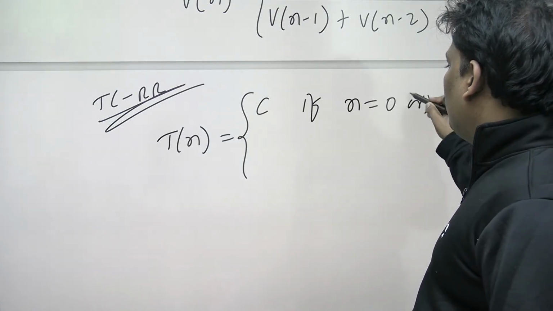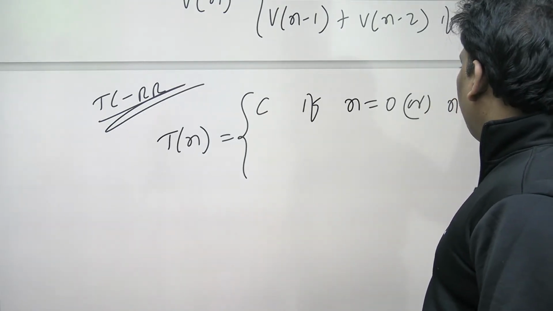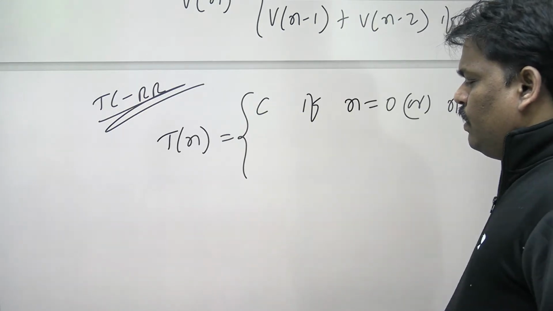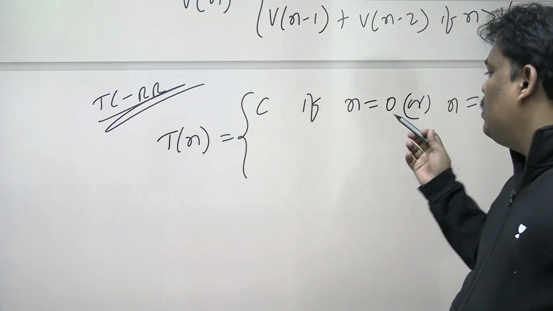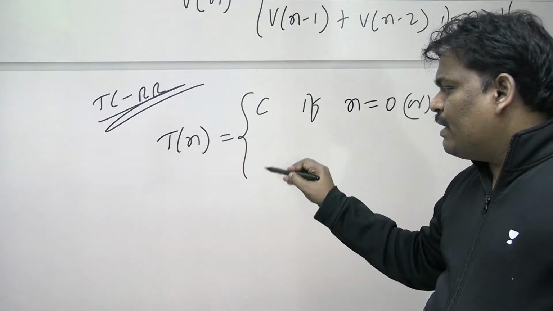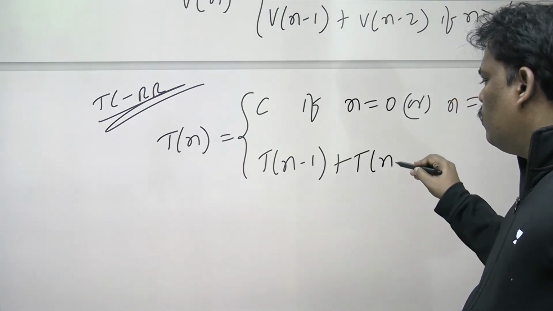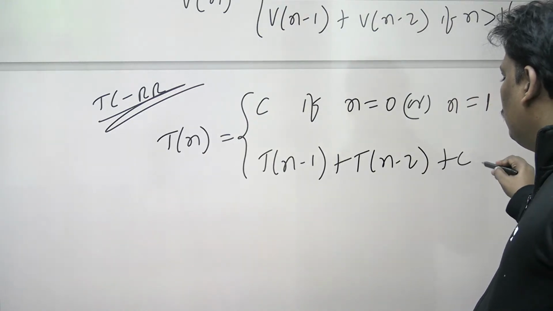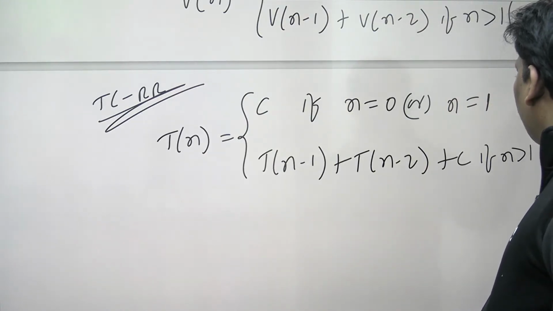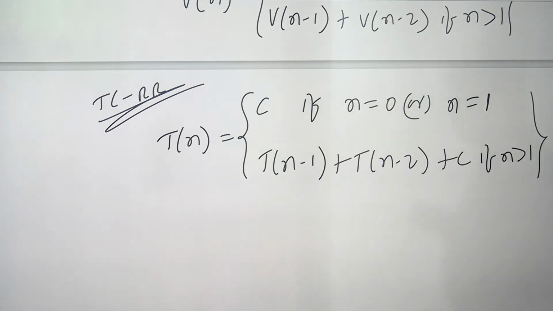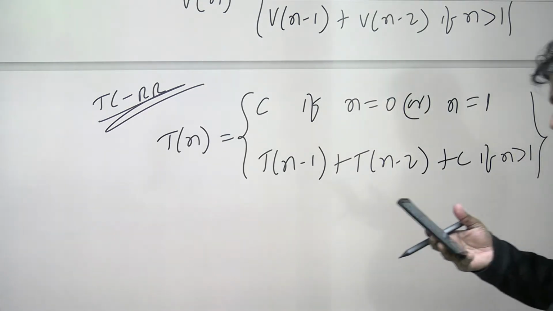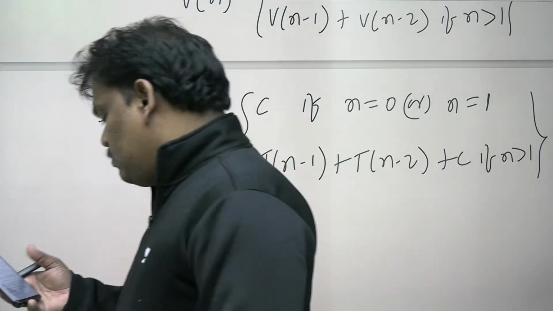T of n is equal to C if n is 0 or 1. Otherwise, T(n minus 1) plus T(n minus 2) plus C if n greater than 1. This is the recurrence relation for time complexity.